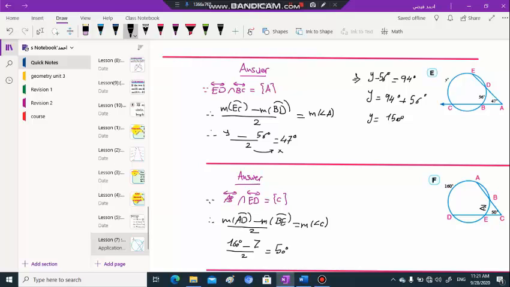So 160 minus Z equals 2 times 50, which is 100. We take negative Z to the other side with positive, and 100 to the other side with negative. So 160 minus 100 equals Z. So Z equals 60 degrees.